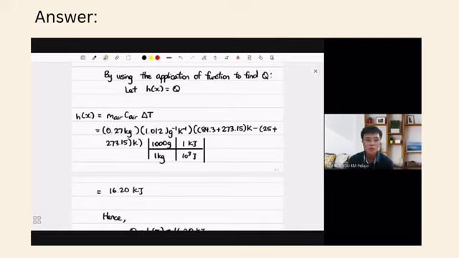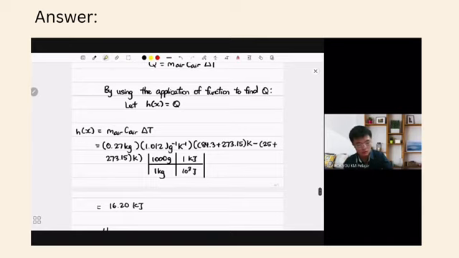The change in temperature is the final temperature minus the initial temperature. Our final temperature is actually 84.3, so we need to change it to Kelvin by adding 273.15. The same goes for our initial temperature.